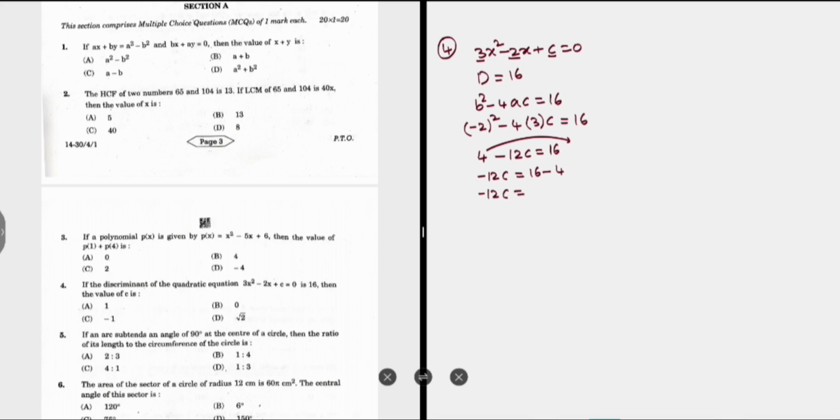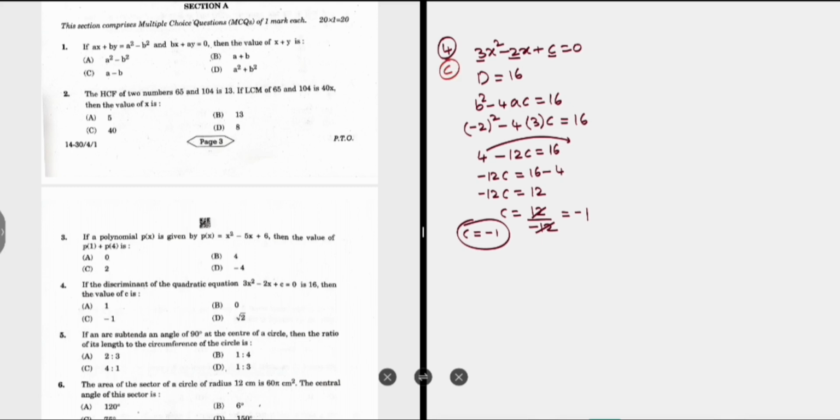Minus 12c is equal to plus 12. So now c is equal to 12 by minus 12, which is minus 1. So what is the answer? c is equal to minus 1 is the correct answer. Option C is correct. Question number 4, option C is correct.